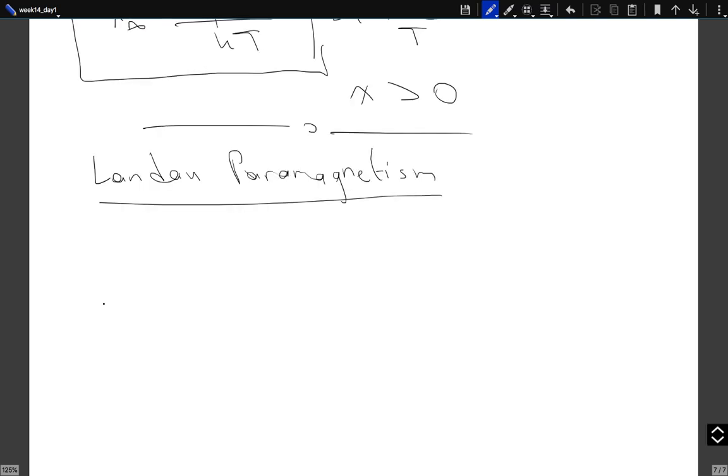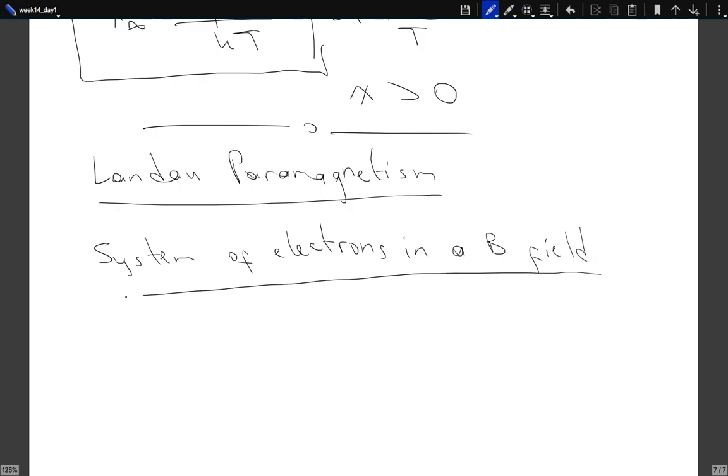Now, before studying the diamagnetism, we don't have too much time to study all the derivations. Let's look at this system of electrons in a magnetic field. Today we can look at this problem, and tomorrow we will be studying its magnetic properties.